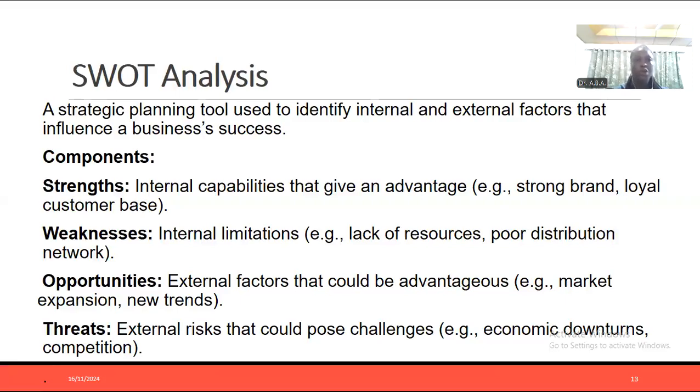Okay, so what you do basically is look at the strengths of the business, the internal capabilities. Then you look at the weaknesses, which are the internal limitations, the opportunities, which consider the external factors, and then the threats, which consider the external risks. Okay, so these are what you use to perform the SWOT analysis and also used for the environmental scanning.